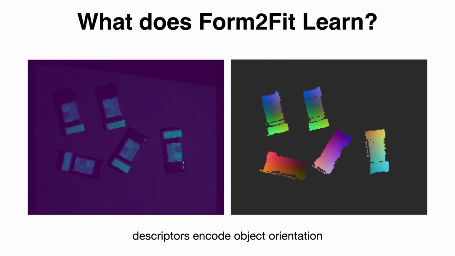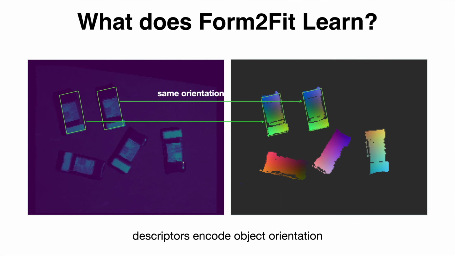So now we are going to take a closer look at the learned descriptors and see what the network learns. Here we show the t-SNE embedding of the learned feature representation, where a similar color indicates closer feature distance. From the visualization, we can see that the descriptors learn to encode rotation information, since the same object with the same orientation will share similar descriptors, and objects with different orientation will have different descriptors.